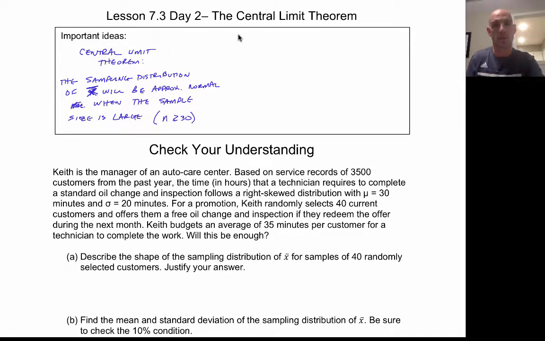So what does that mean? Basically, that helps us do this. If the distribution is normal, so it is approximately normal, we can find a z-score.